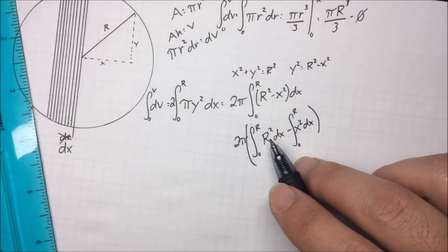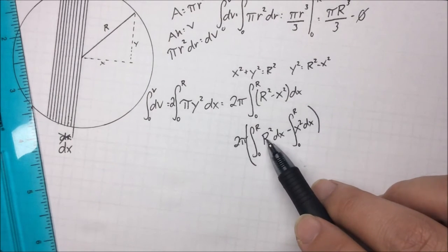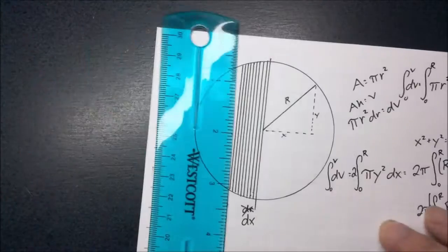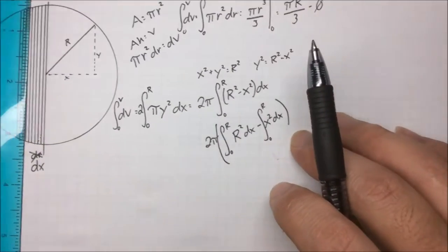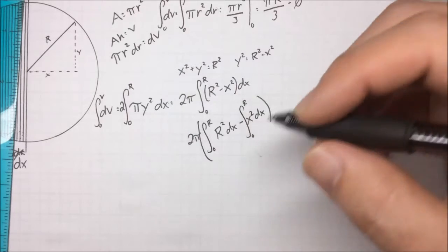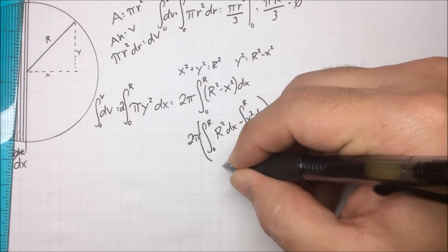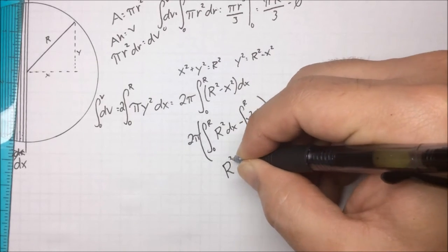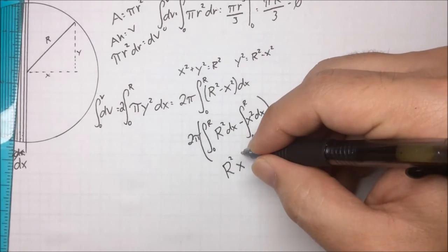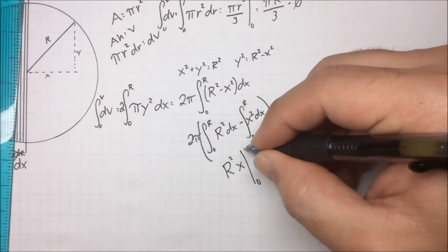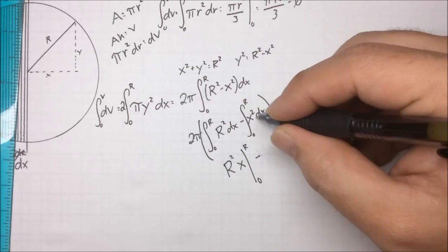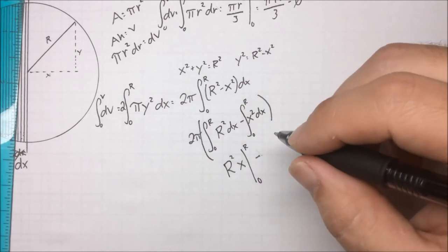So, first thing, r squared. What was r? R was not a variable. R is a constant. It is the radius of our circle, or our sphere. So this is going to go from r squared to r squared x, and it goes from 0 to r, minus x squared. X is actually the variable here. It does change.